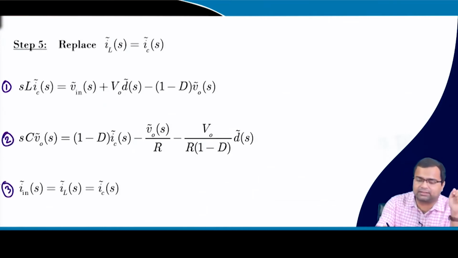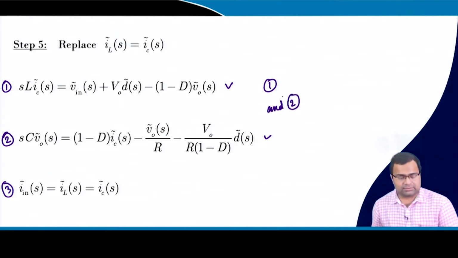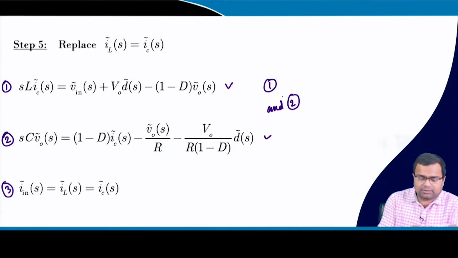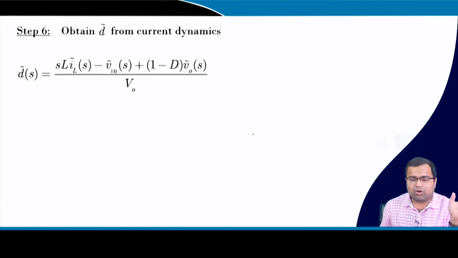That means here we have three equations 1, 2, 3. So, if we take equations 1 and 2, from these two equations, because they consist of input, output and all, I can get d hat, or in fact we can use one of the equations, the current dynamics.